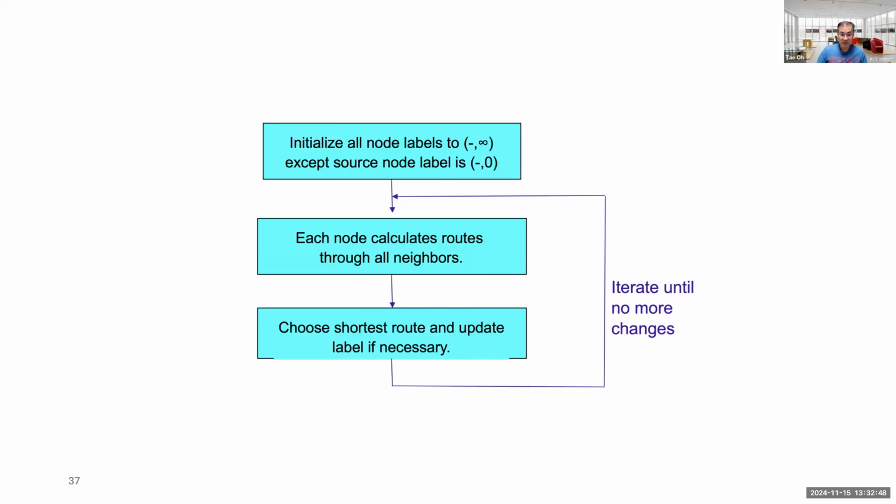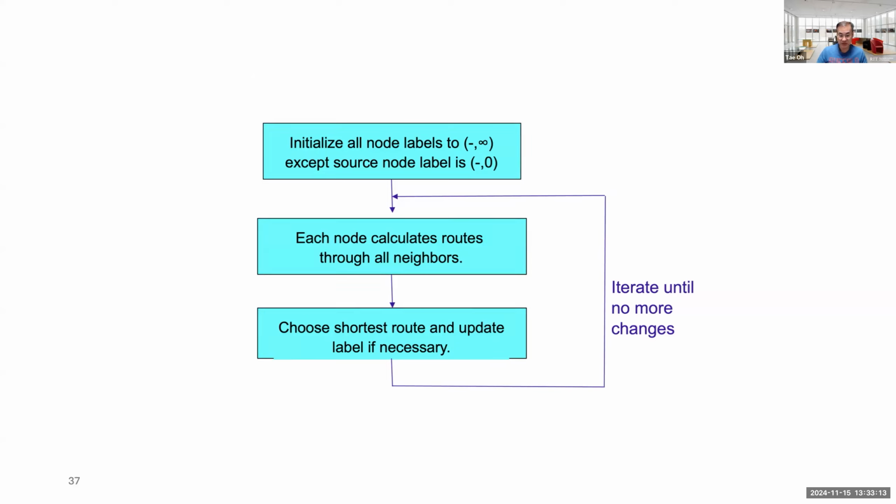So initialize all node labels to dash infinity, except the source node, which is dash 0. Each node calculates a route through all neighbors, chooses the shortest path, and updates its label if necessary. Then iterate.